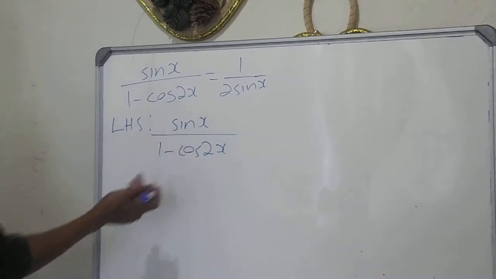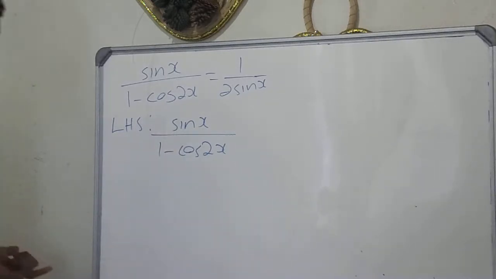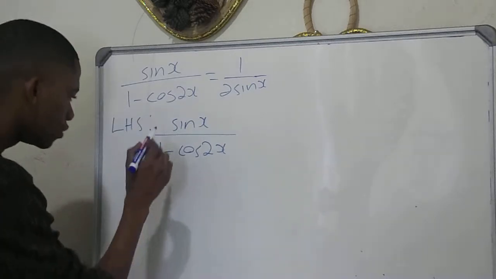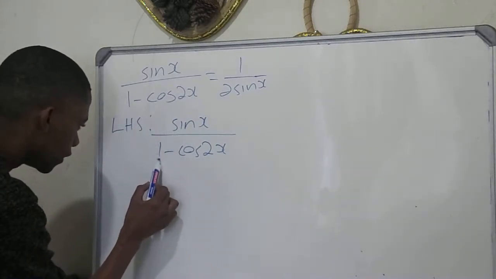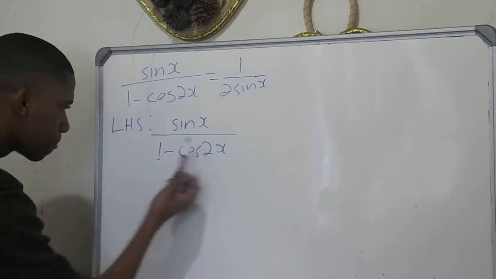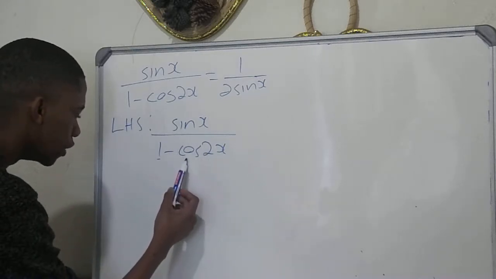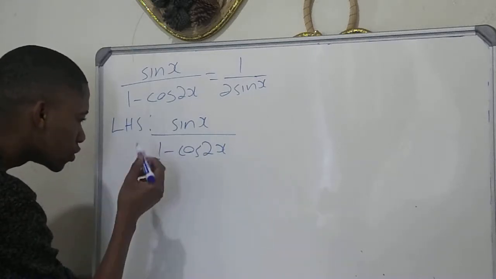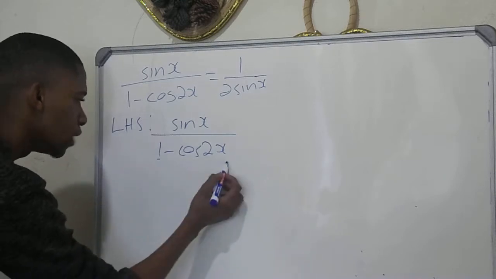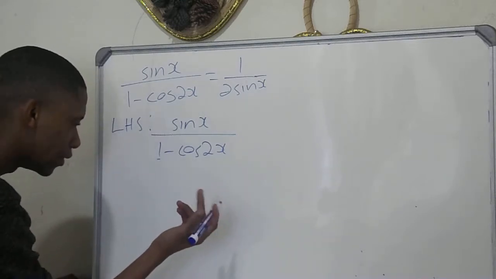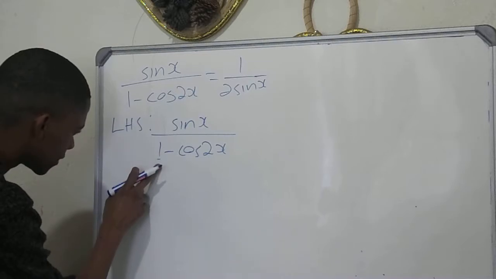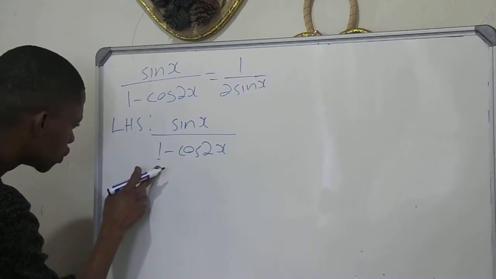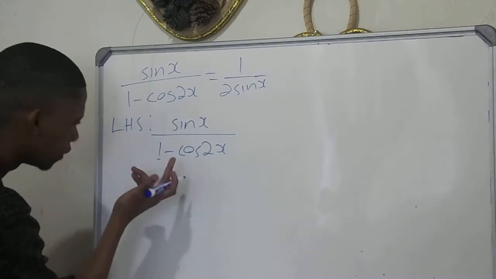It doesn't have an identity. So what we can do is change the cos 2x, because cos 2x is a double angle, and you can change it in three ways. And this you can change in one way.